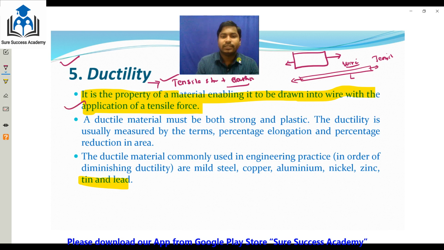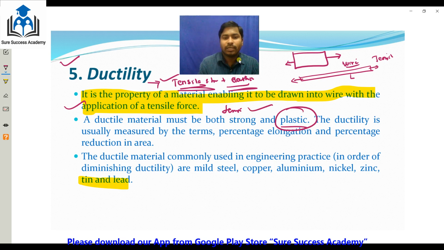Understood? It should have good tensile strength and also plasticity. A ductile material is strong in tensile strength, and the plasticity means it should not come back.